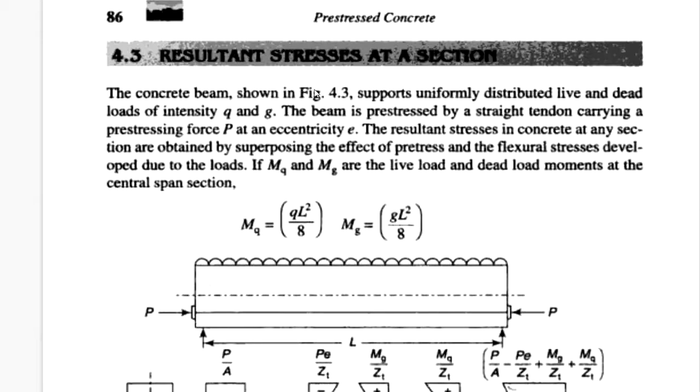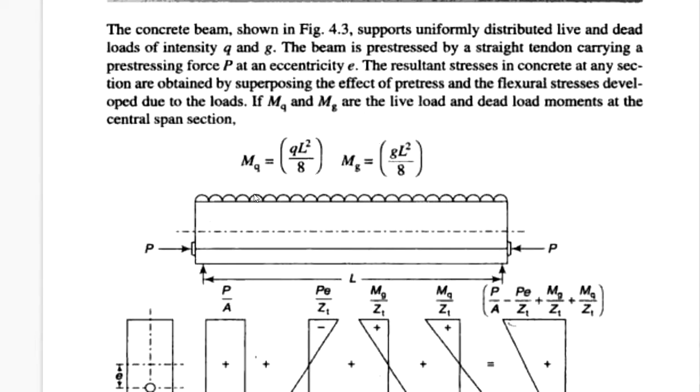Now, a concrete beam which is shown over here is applied with an eccentric pre-stressing force or load P at an eccentric tendon which is located at an eccentricity e from the centroid, and it is applied with a live load of intensity q and a dead load of intensity g.